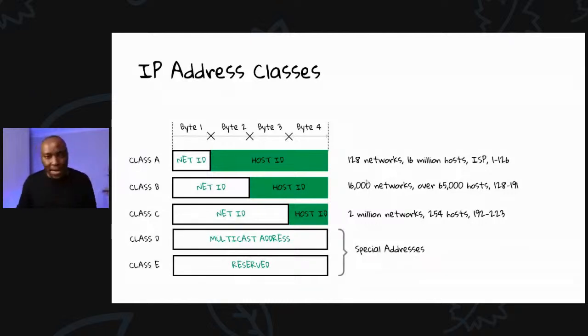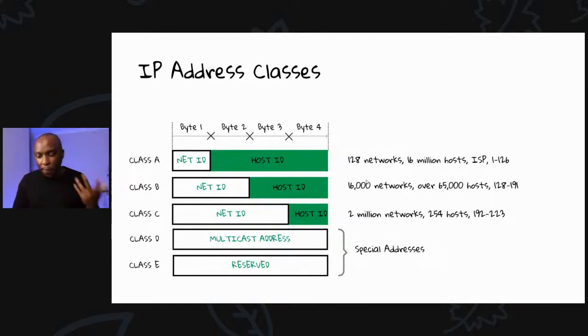And mathematically, we take that 8 bits, we multiply it, and that gives us the number of networks that we can have. And then we take the last 24 bits and we multiply them, and that will give us the number of hosts per network.